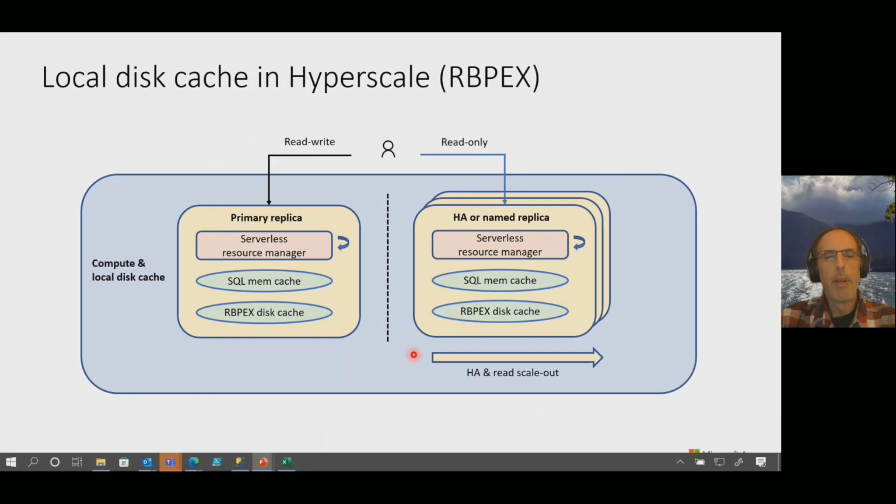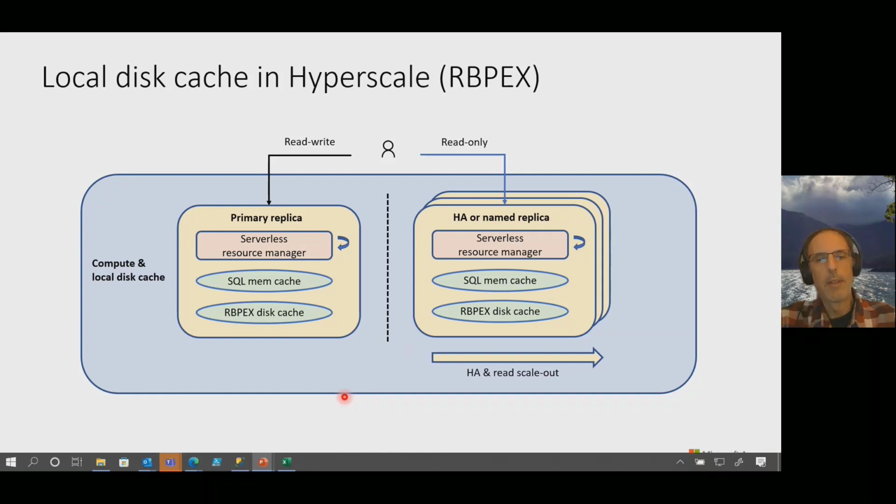Now, everything we just discussed about memory management in serverless is equally true in both the general purpose tier as well as hyperscale. But again, unique to hyperscale is its layered caching hierarchy. One of its first caches is the RPBX disk cache, which, as the name suggests, is an extension of the buffer pool up to 3 times the size of the in-memory buffer pool.